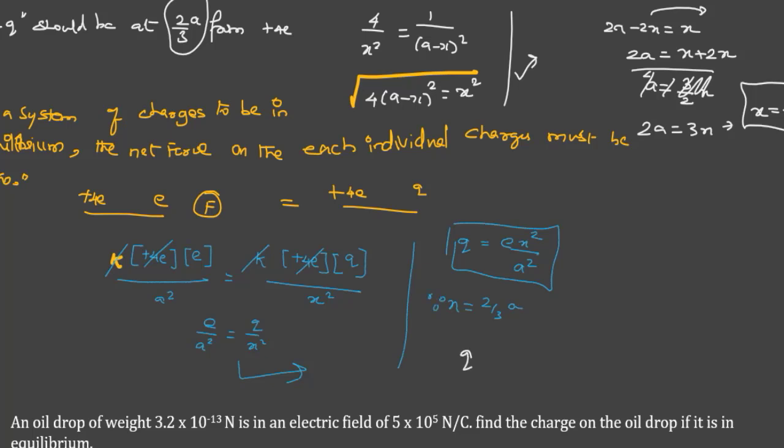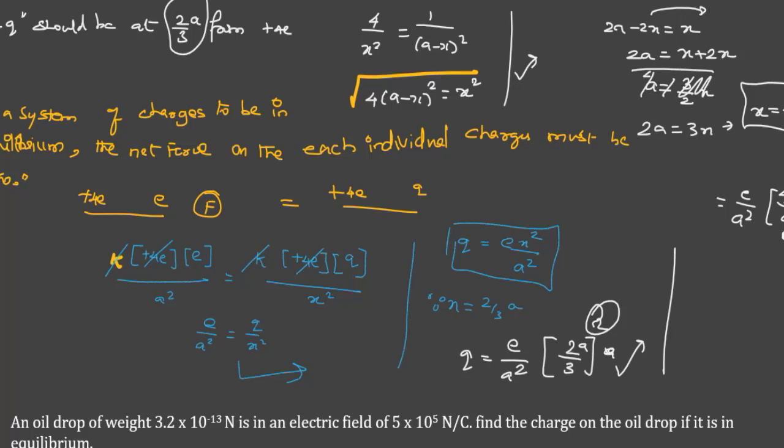So q is equal to e by a square. Instead of x, we have to write 2 by 3a whole square. If you do this, e divided by a square, 4a square by 9. So all the terms we have to make it a square. A square will cancel.